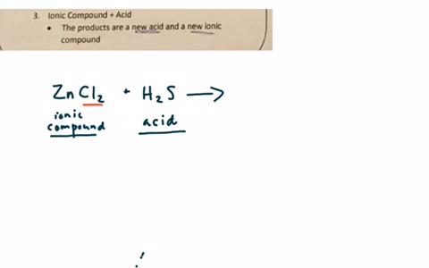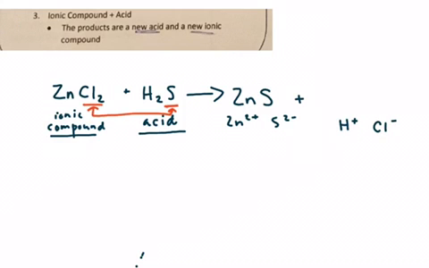So as is typical of our double replacement reactions, let's go ahead and swap the ions and write our new compounds. So zinc is 2 plus and sulfur is 2 minus, so those will just combine in a 1-to-1 ratio. Then for our second compound, hydrogen is normally plus 1 and chlorine is normally minus 1, so those will come together to make our new acid, HCl.